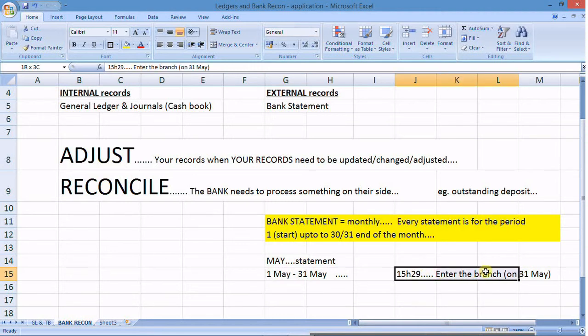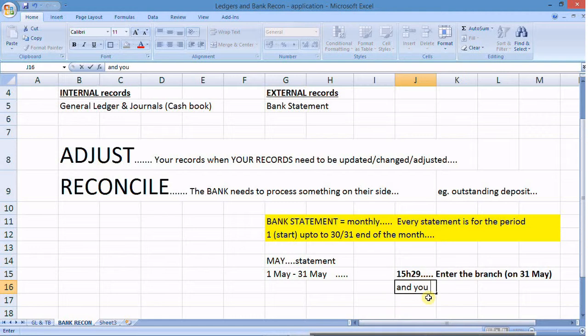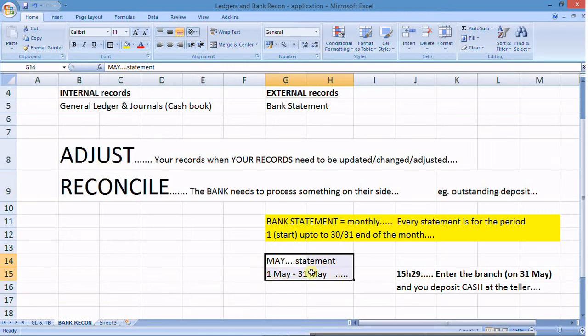If you enter the branch on the 31st of May and you deposit cash at the teller, are you going to see that cash deposit on your bank statement for 1 May to 31st May? No, because it probably only updates overnight, since it's the close of business. Exactly.